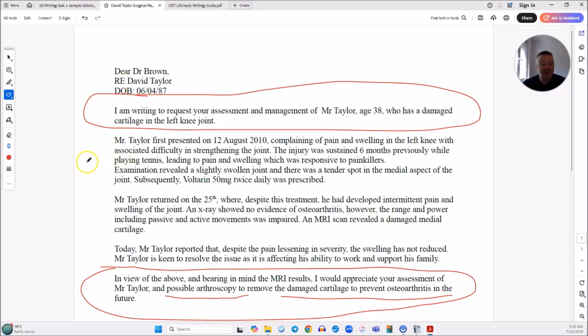So, what's the story? It's a chronology, essentially. Mr. Taylor first presented with pain and swelling in the joint 6 months previously. Response to painkillers, examination. Now, as I keep saying, and this is the same for the speaking section, every visit has 3 components: what the patient says, what you find, and what you do.